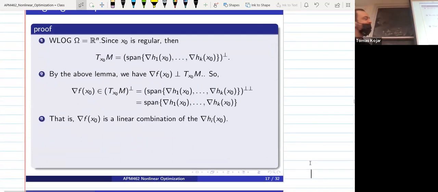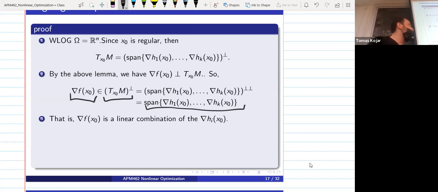So, since the gradient of f is normal to this, it belongs to the orthogonal complement. So we just proved that the gradient of f can be given by the span of the gradients of the constraints.